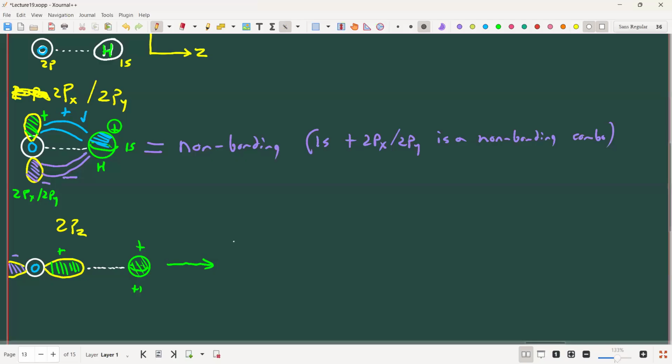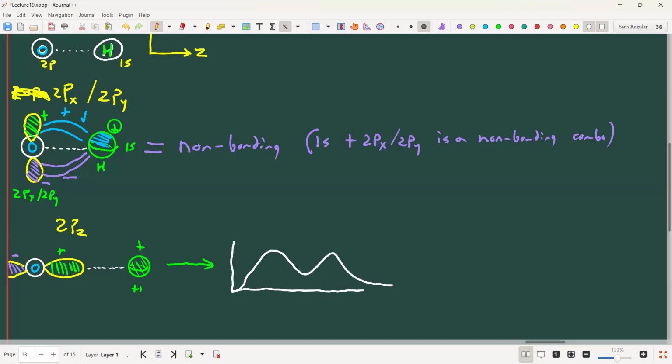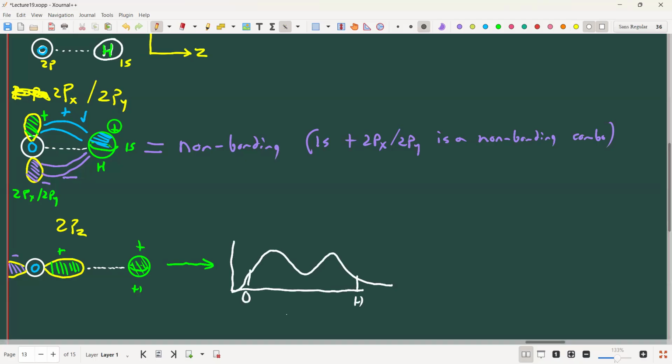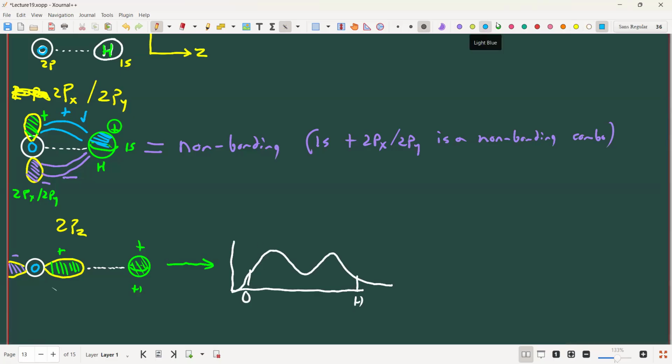So the final function that we would get would look something like this. Right, so this is the H, and this is the O. And we get some positive overlap in between them.